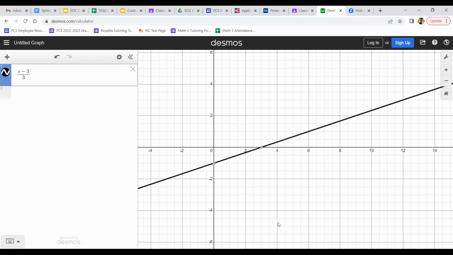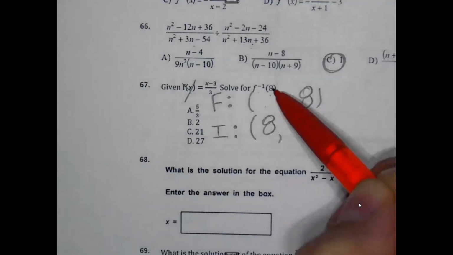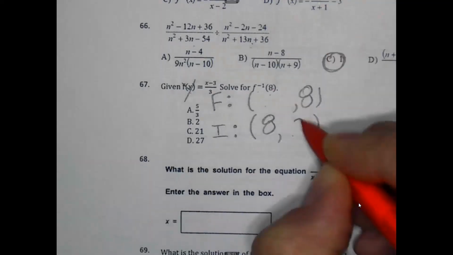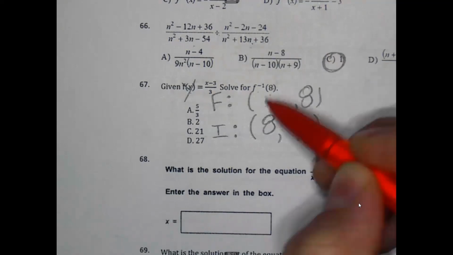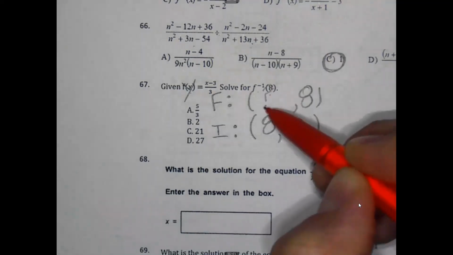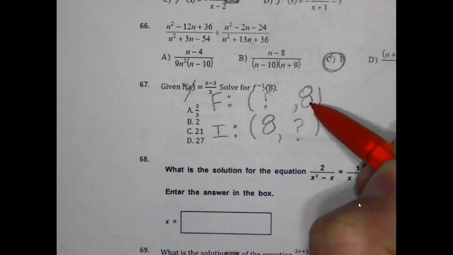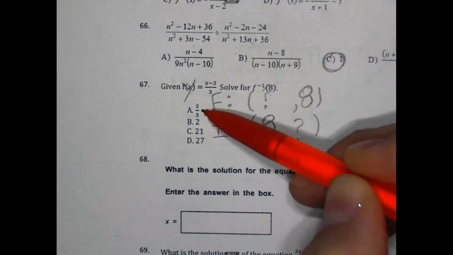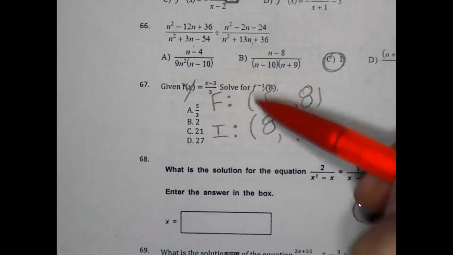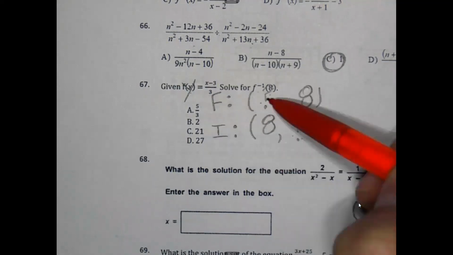So they're saying for the inverse, if you plug in 8, what do you get as a result? Which means for the original function, what did you plug in to get 8 as a result?